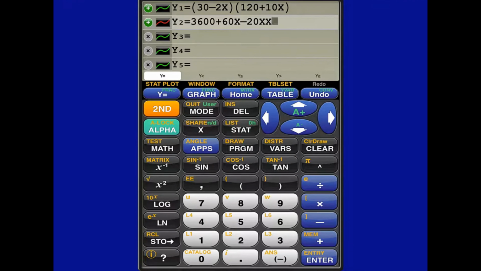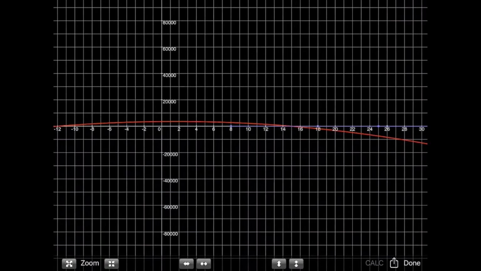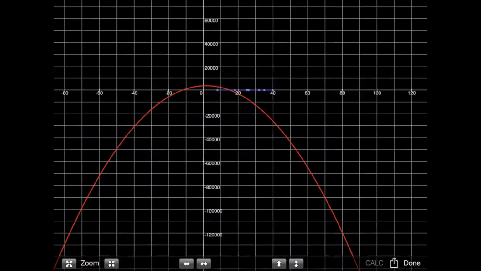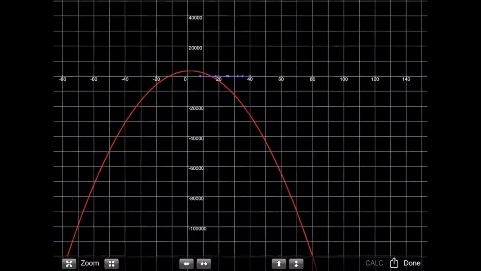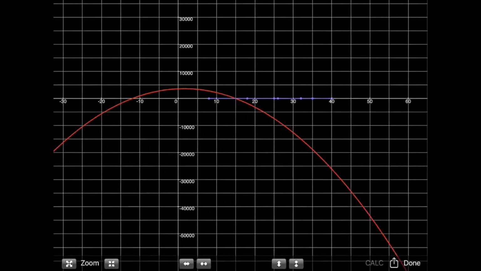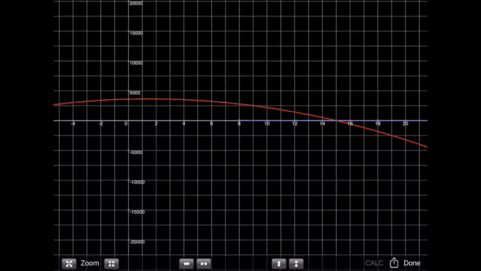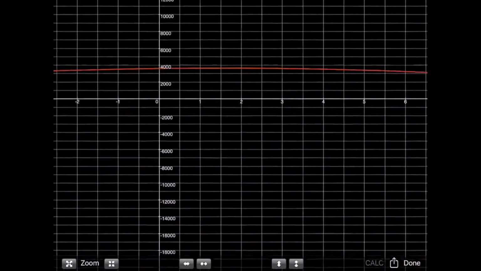But if the graphs are the same, like you can only see one graph, that means those two expressions are actually equivalent. One has parentheses, which is the factored form, and the other one is called standard form. So let's go ahead and graph it. And we only see one parabola. Does that make sense? And the point of that is to show, again, that they are the same.